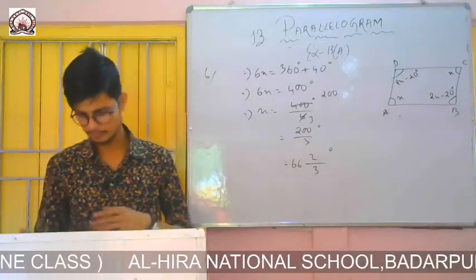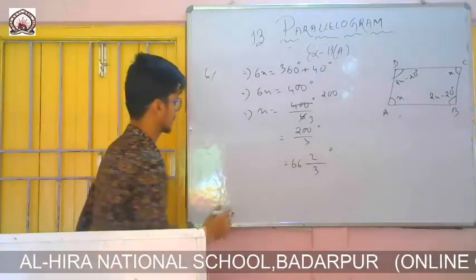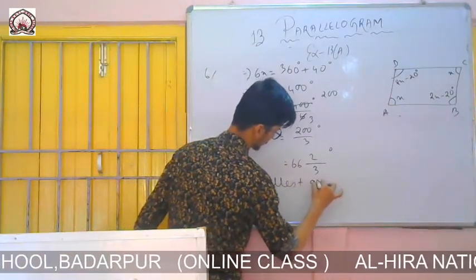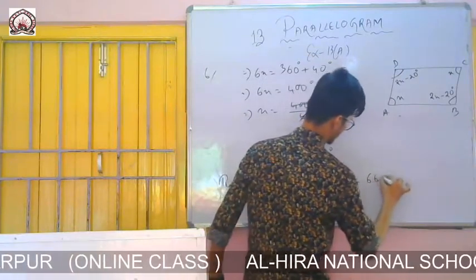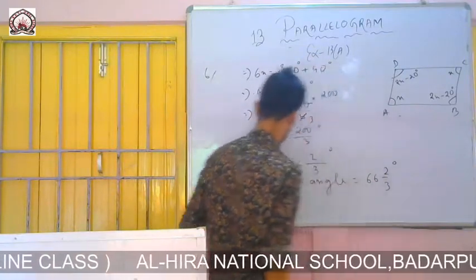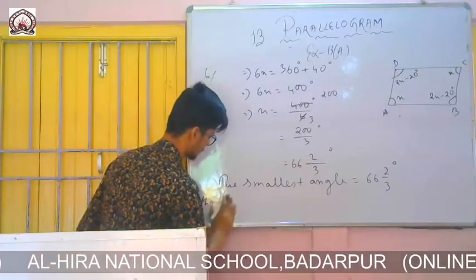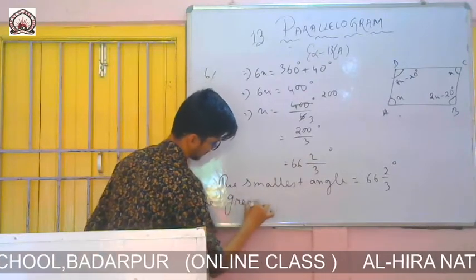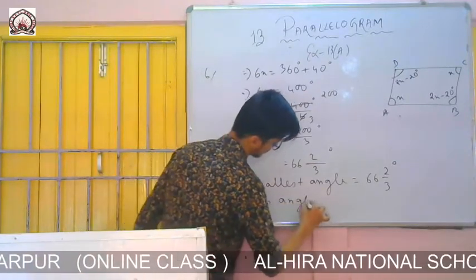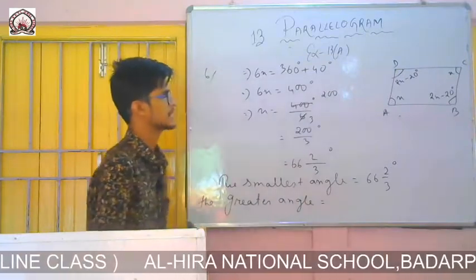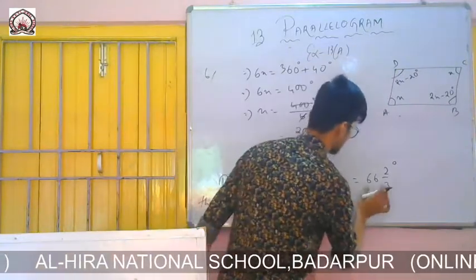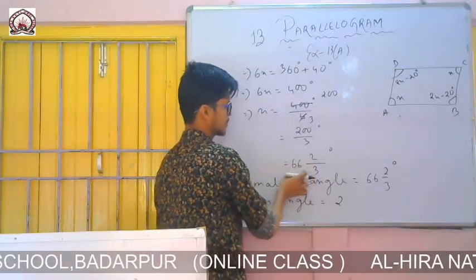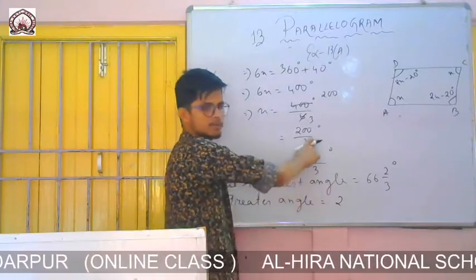Okay, so now let us find the rest. You write, therefore the smallest angle equals 66 2 by 3 degree. Then the greater angle equals twice x minus 20. Rather than writing the mixed fraction, I'll write this one, because we cannot solve it simply that way; we would have to convert it again into improper fraction.